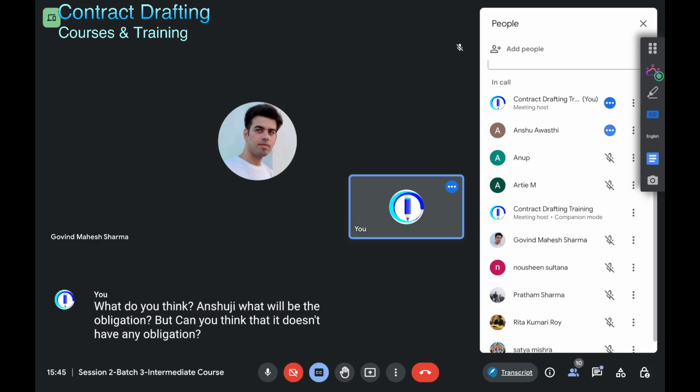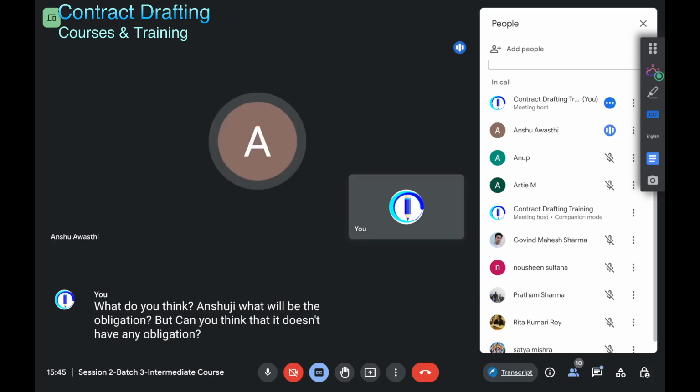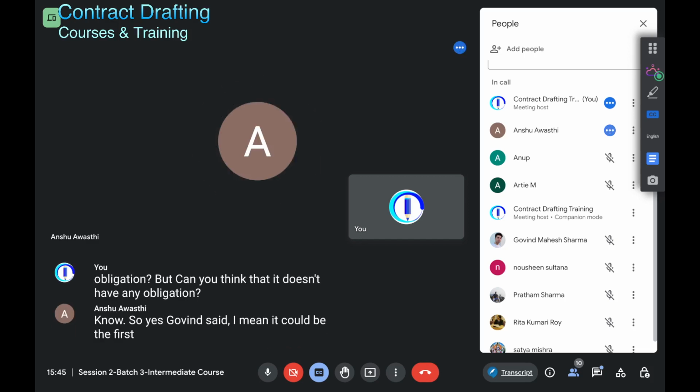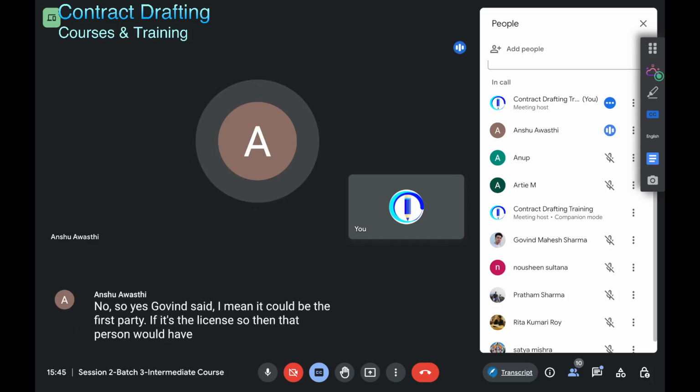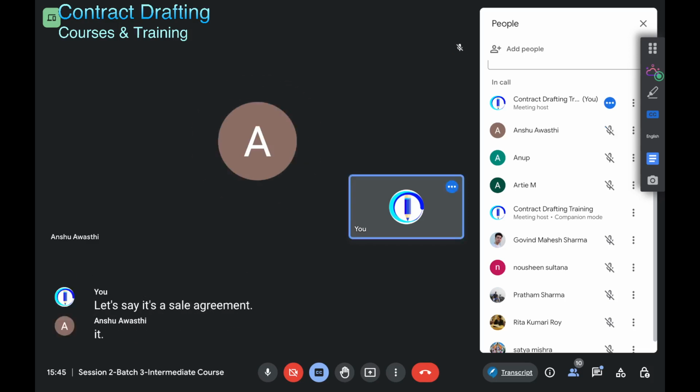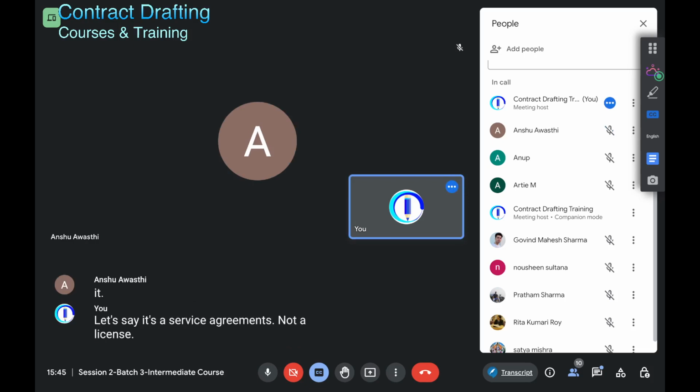No, so yeah, as Govind said, it could be the first party. If it's the licensor, then that person would have the right, and the other party agreeing along with him. Let's say it's a service agreement, it's not a license. See, as a lawyer, you have to think many things.